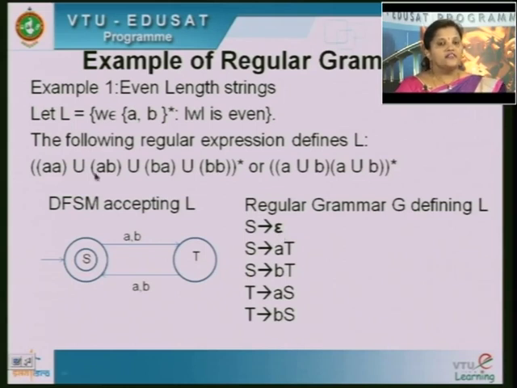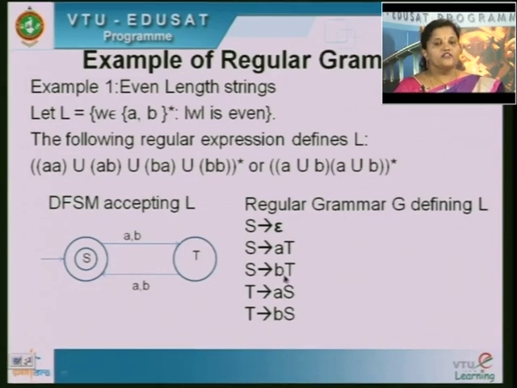And starting from S you can have strings beginning with either a or b. That is why S derives aT and S derives bT are included. Next, T can have either a or b, so we have written T derives aS and T derives bS.